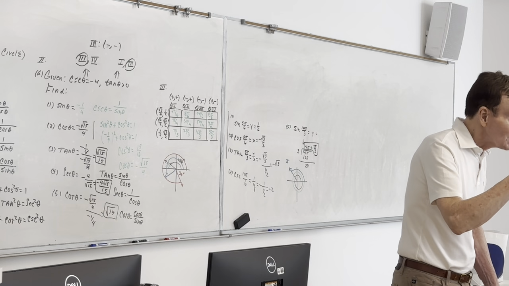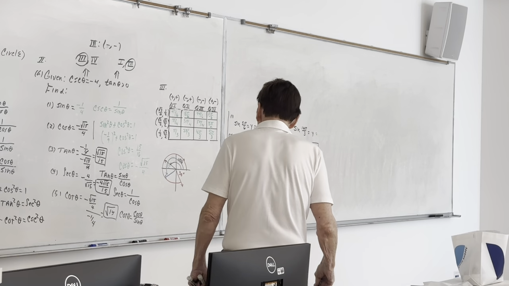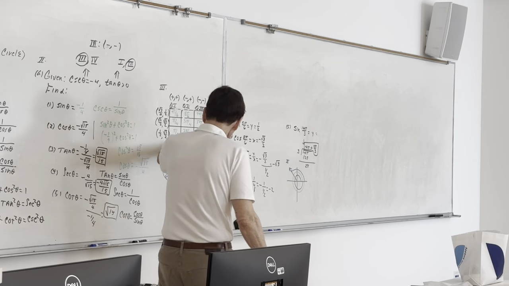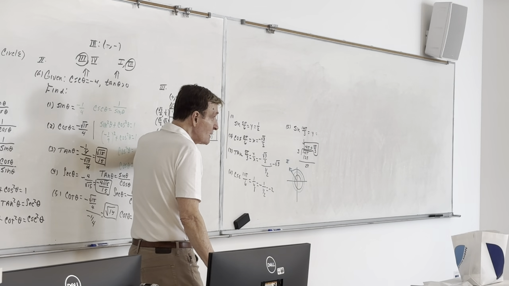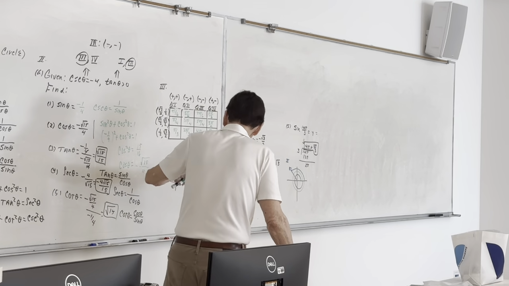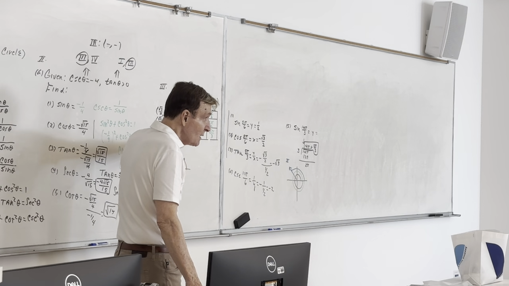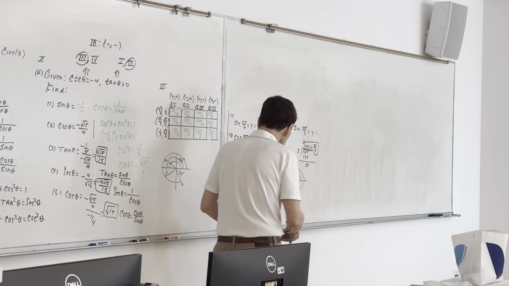Is it now in that table? Let's check to see if it is. Was 2 pi over 3 mentioned here somewhere? Oh, there it is. Obviously, it took me back to the table. I'm looking for sine, so sine is y, so maybe the y is radical of 3 over 2? After all that effort?